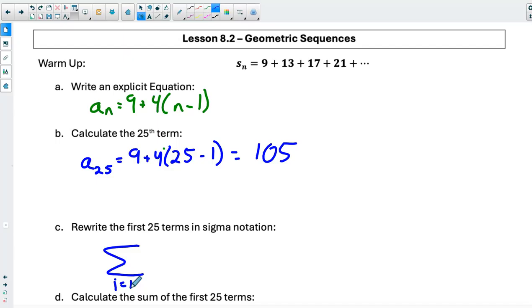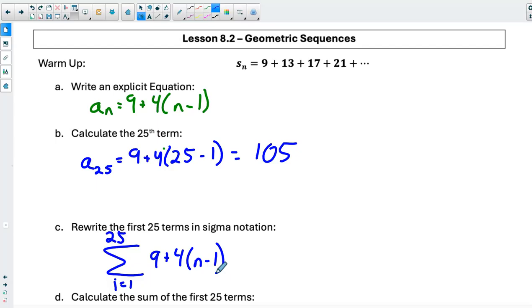So I just put 25 up here, and then I go ahead and drop letter A right here, and I just put 9 plus 4 times n minus 1, because this equation right here represents my series. Okay? So that's how I can do that. And the 1 in the 25 is saying start at my first term and go all the way to the 25th term. So that's what's going on there.